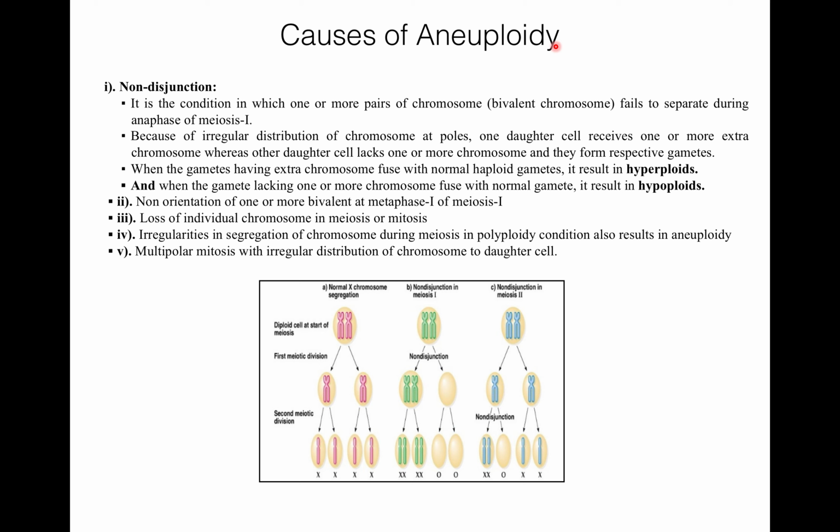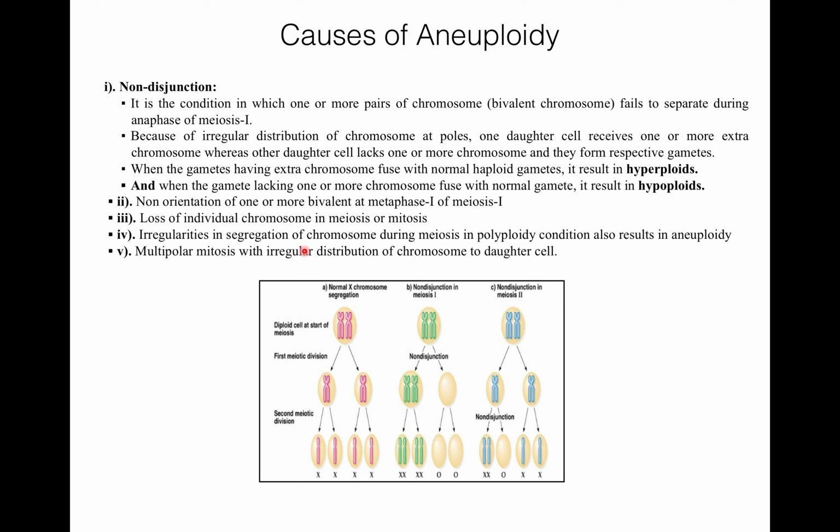So when the gamete with an extra chromosome fuses with a normal haploid gamete, what will be the result? It will result in hyperploids. While when the gamete lacking one or more chromosomes fuses with a normal haploid gamete, it will result in a hypoploid.